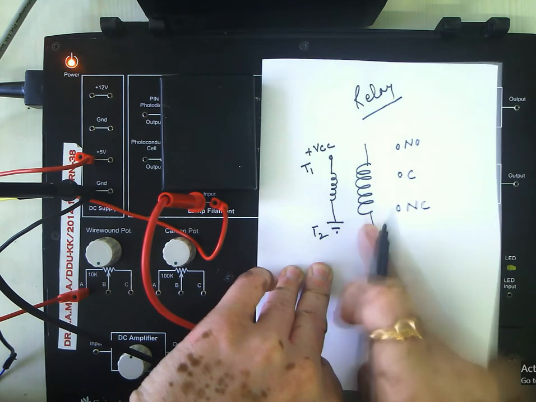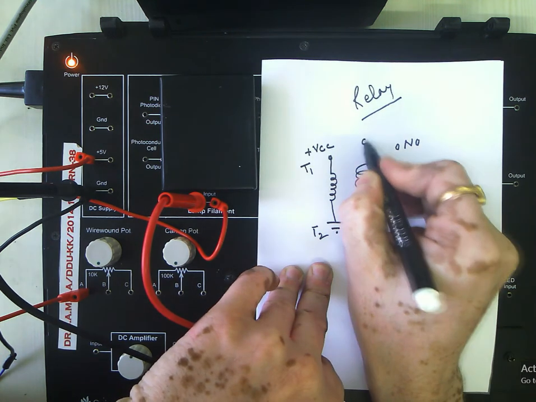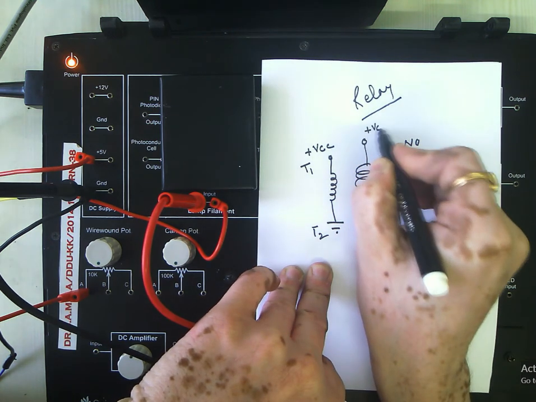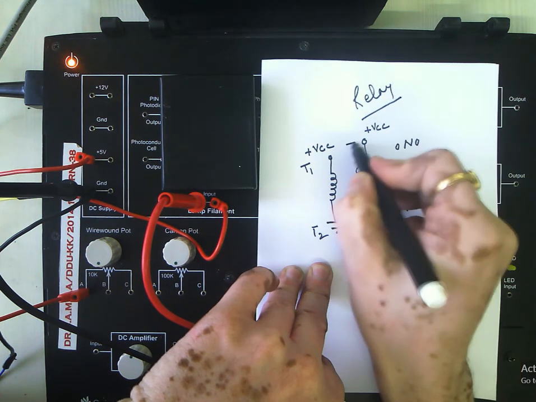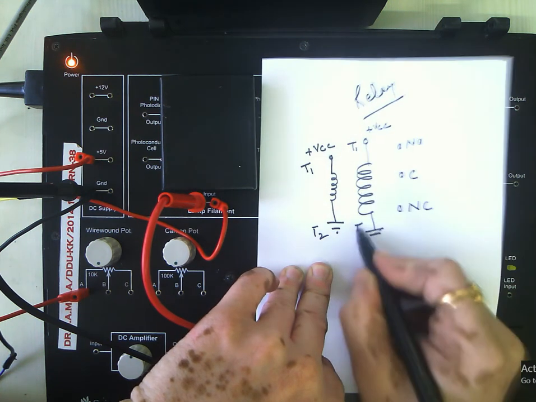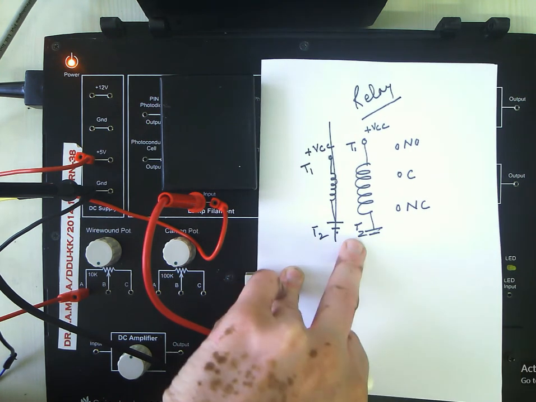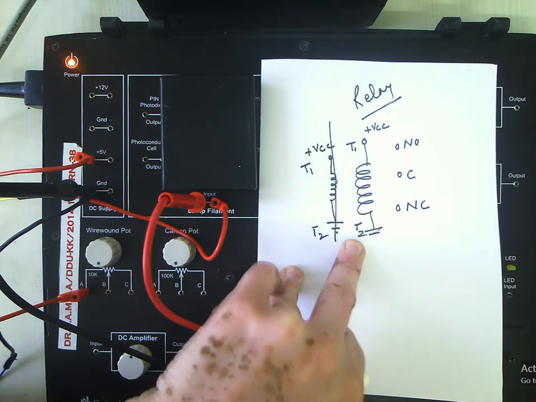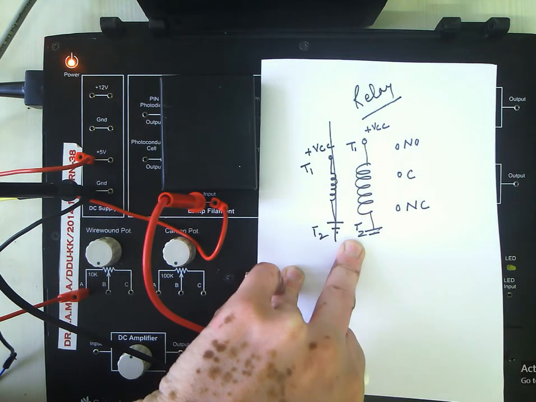No. It is the coil itself. So we can say that we will pass current through this coil. This is our terminal 1 and this is our terminal 2. So when we do this, this becomes a magnet and it will attract a switching element towards it. There is a spring loaded mechanism.